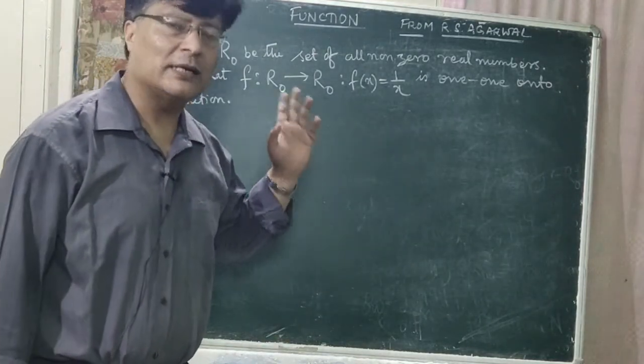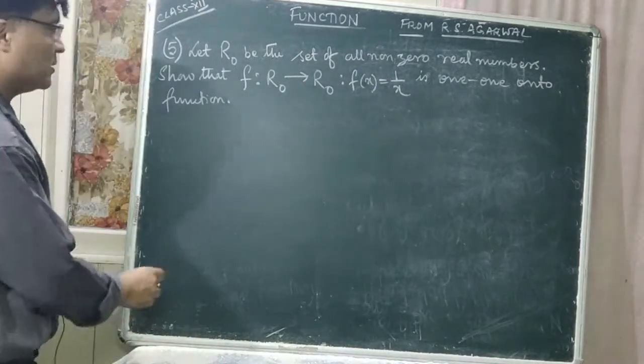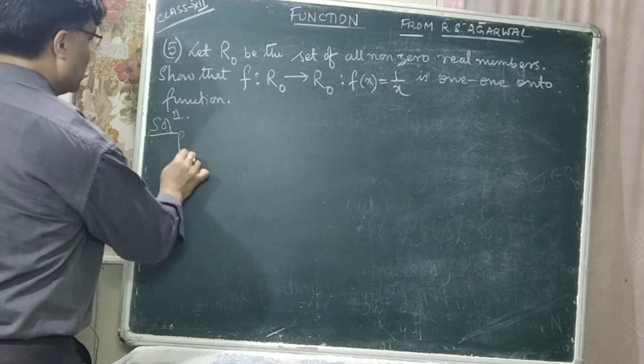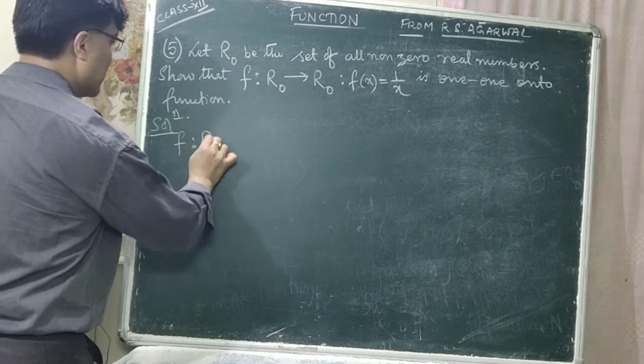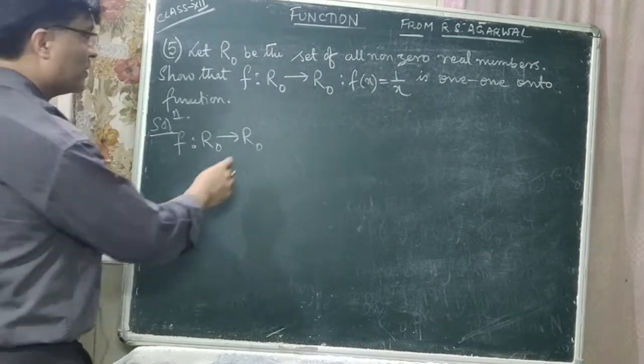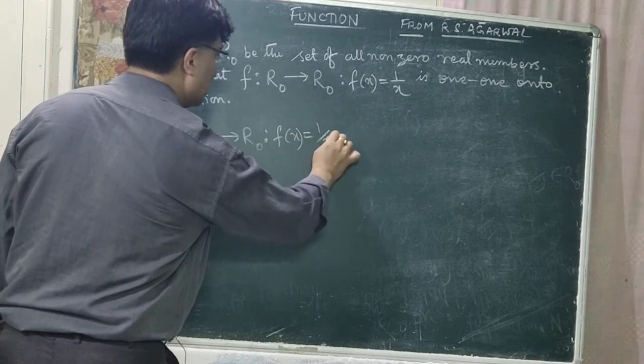A 1 1 onto function means it is also a bijective function. You have to prove that this function f is a bijective function, so let us prove it. Solution: here given is f such that R naught to R naught, and it is defined as f of x is equal to 1 upon x.